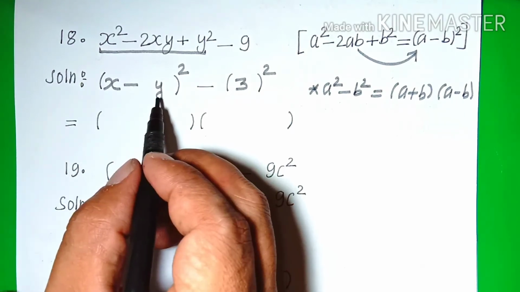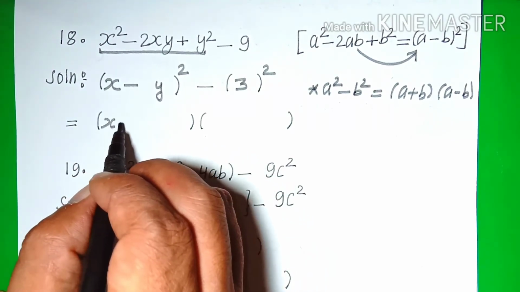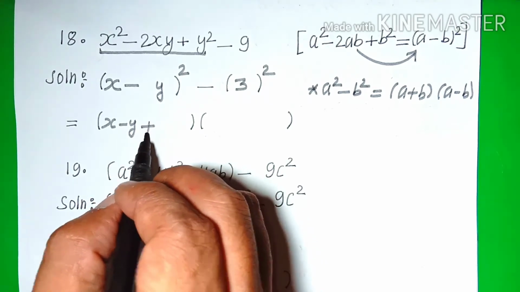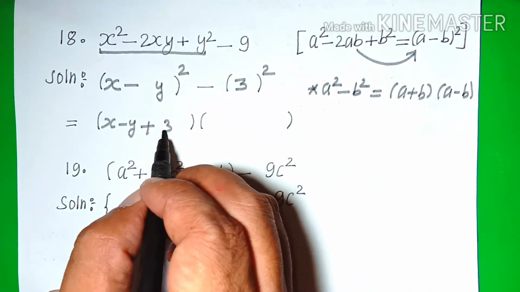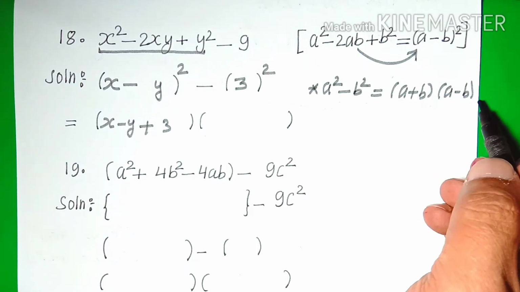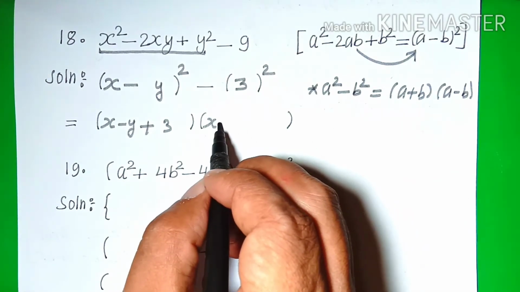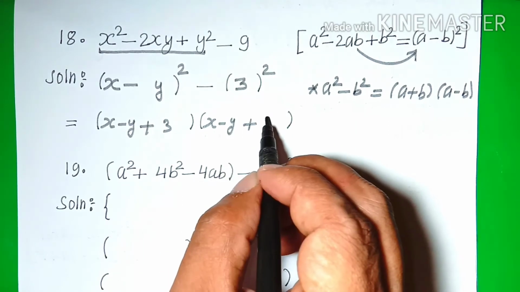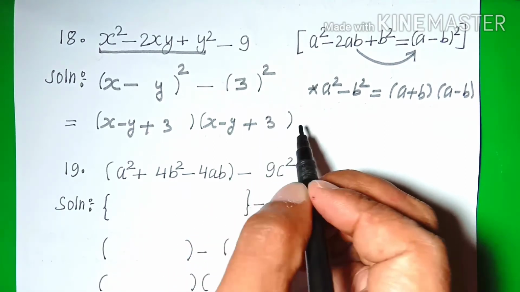Now a means the factor x minus y, plus b means 3. To the other side, you have to take a minus b, which means x minus y as a, plus the b value, 3.